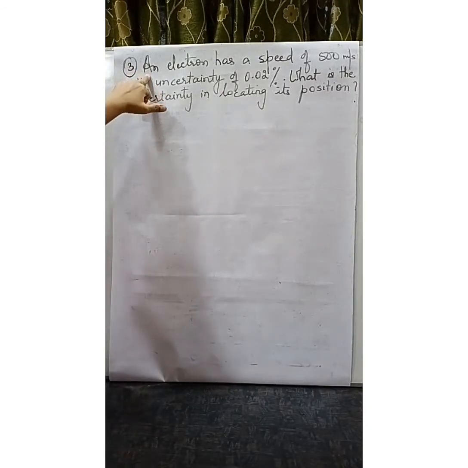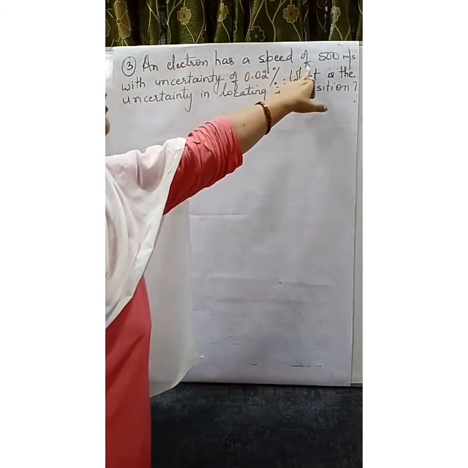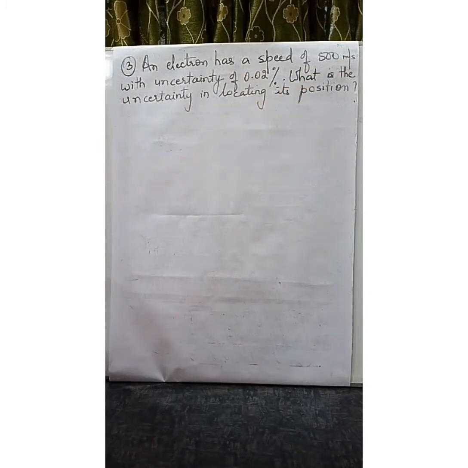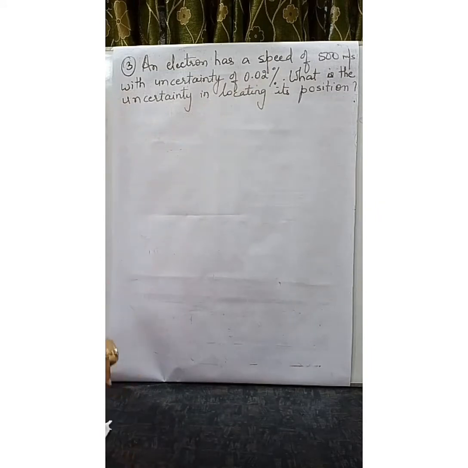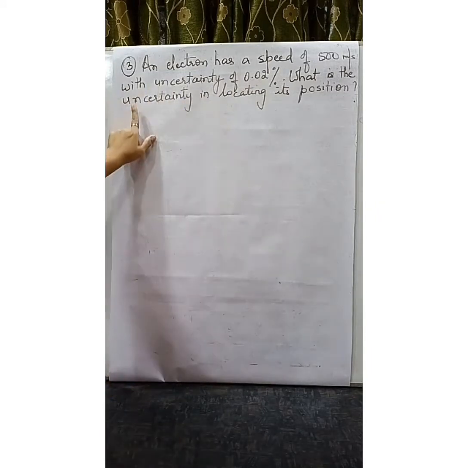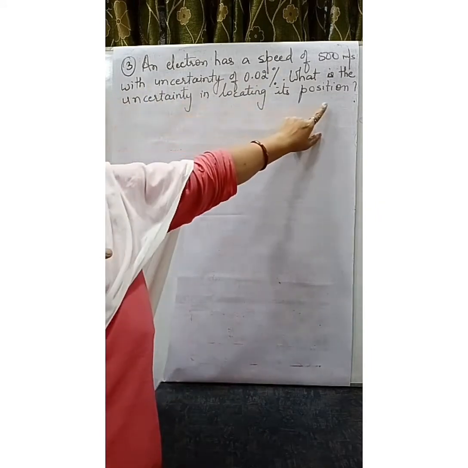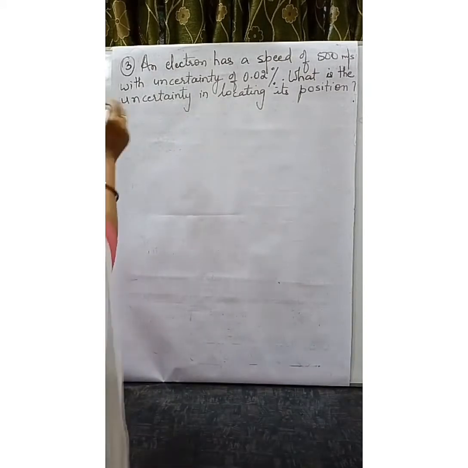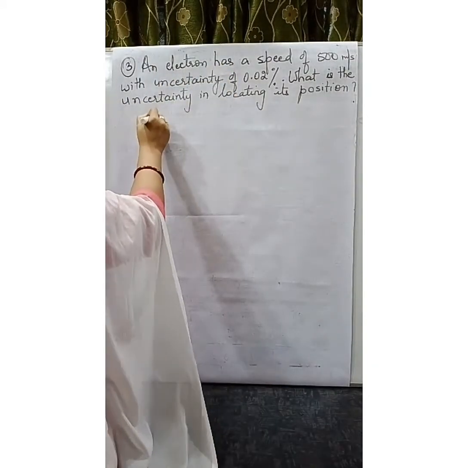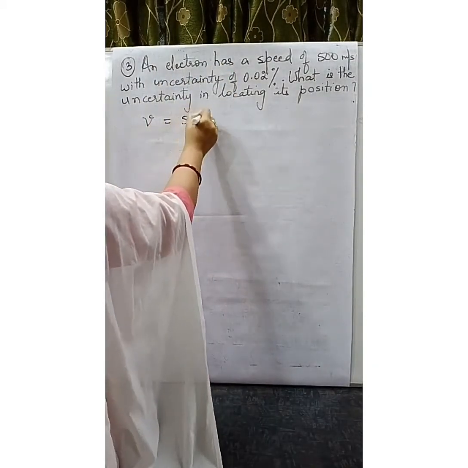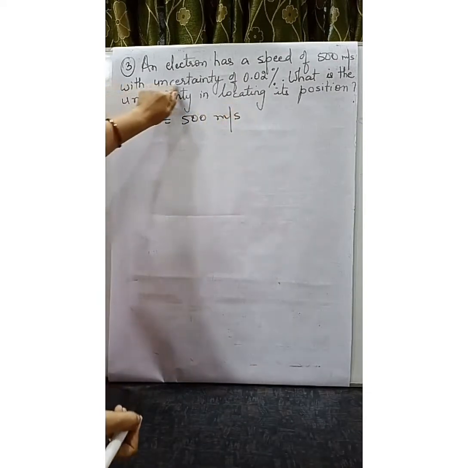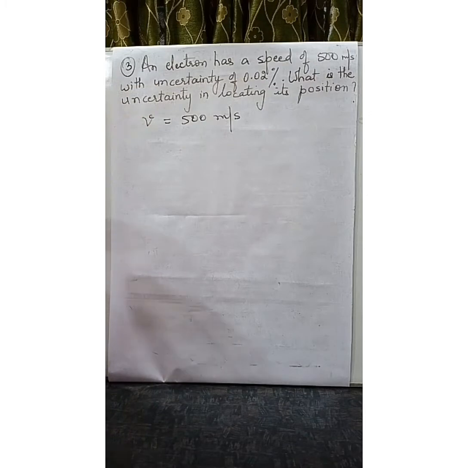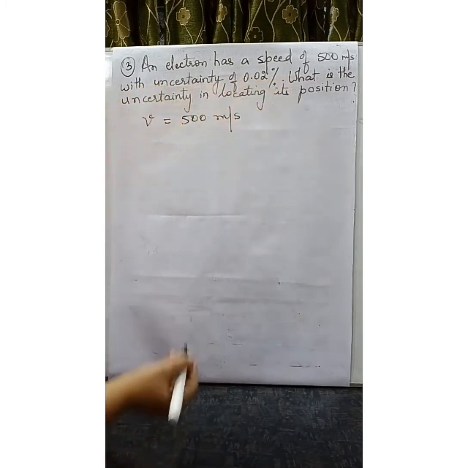Next question says an electron has a speed of 500 meter per second with uncertainty of 0.02%. What is the uncertainty in locating its position? According to the question, the velocity is 500 meter per second, and the uncertainty in the velocity is 0.02%.